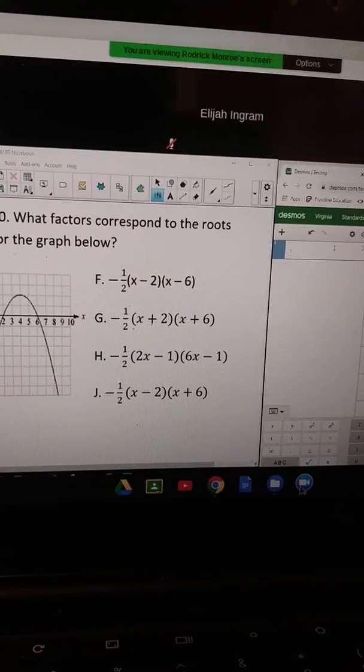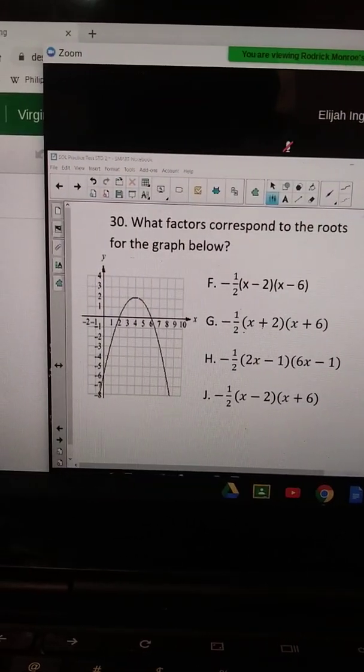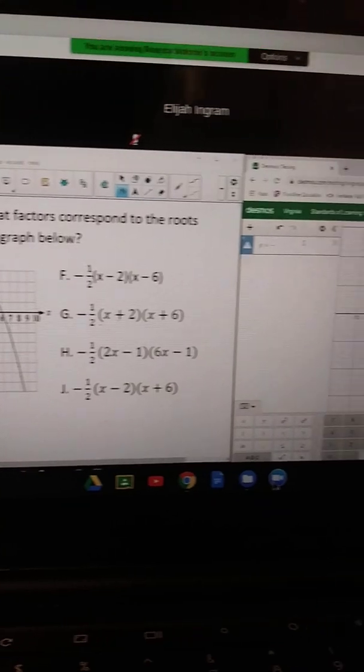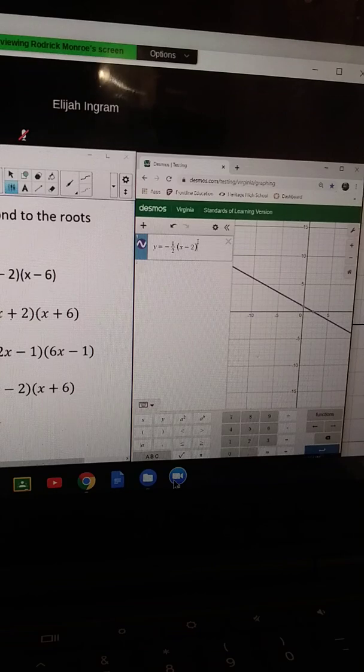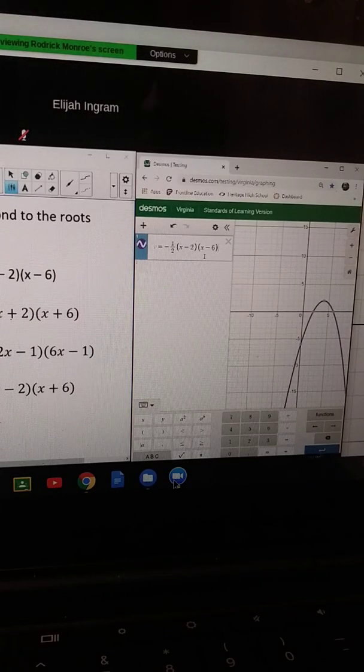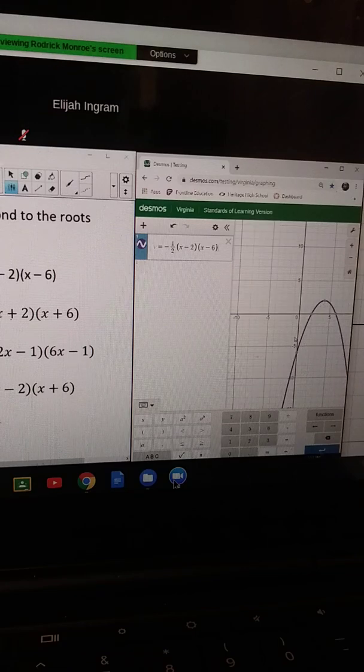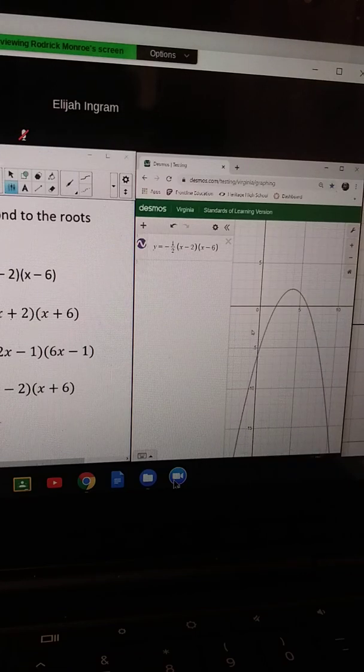It says which factors correspond to the roots for the graph below. Now we got to find out which one of these equations represents the graph. So as always, you type it into Desmos. And even if you have a TI-84 calculator, type it into the calculator. And as you can see, the first one is our answer.